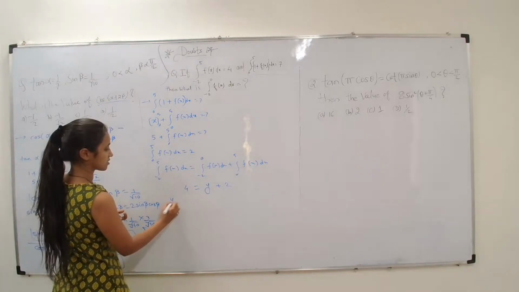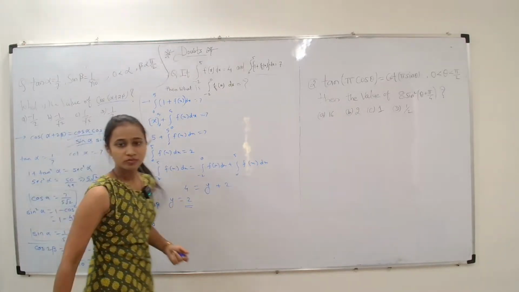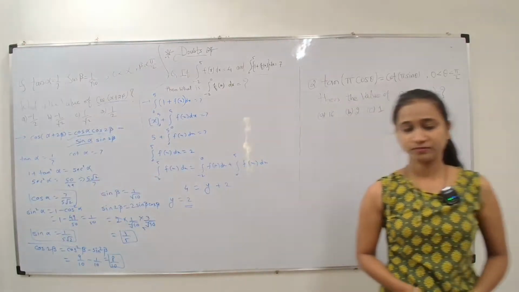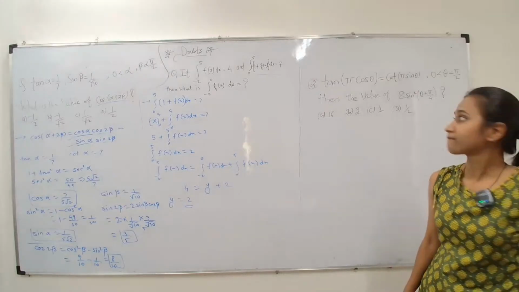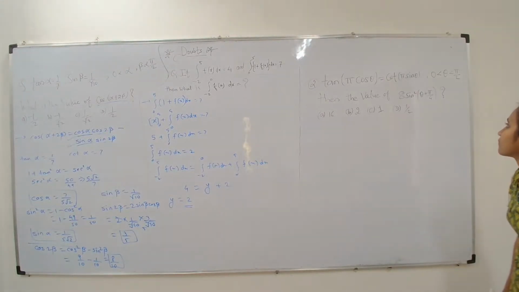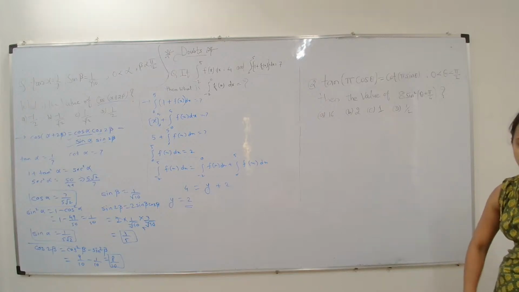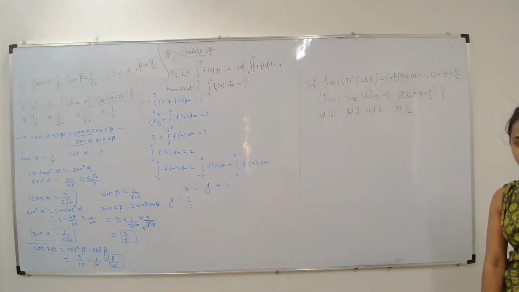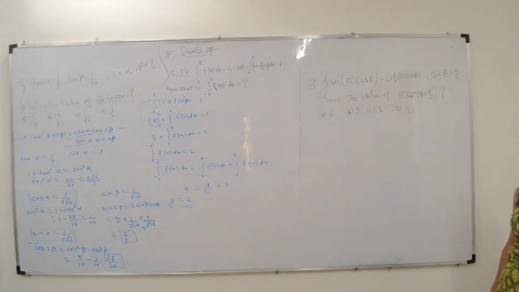So this y that is unknown is simply 2. That's the answer. Check. Okay.